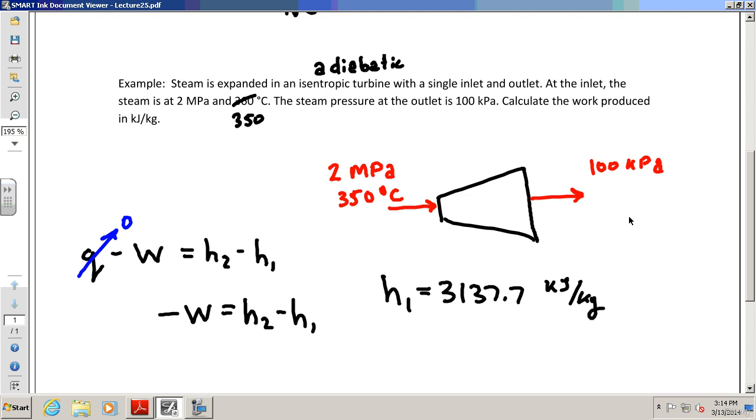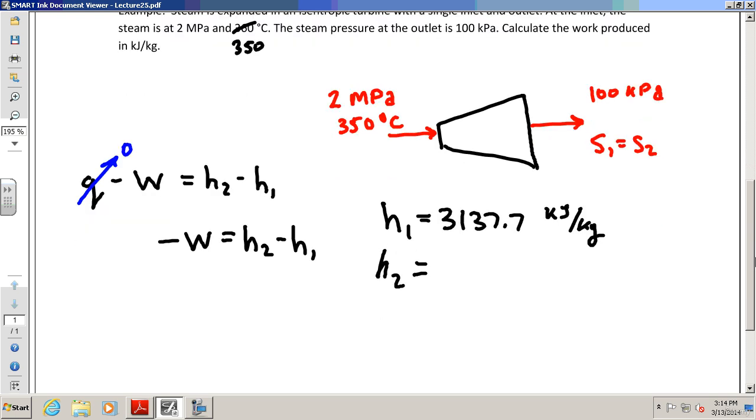All right, I'm almost done. All I got to do is get H2. So how the heck am I going to get H2 when all I know is it's 100 kilopascals? That's our connecting property. The connection is the fact that S1 equals S2, right? So what's my entropy at state 1? Well, I can just read it off the same table.